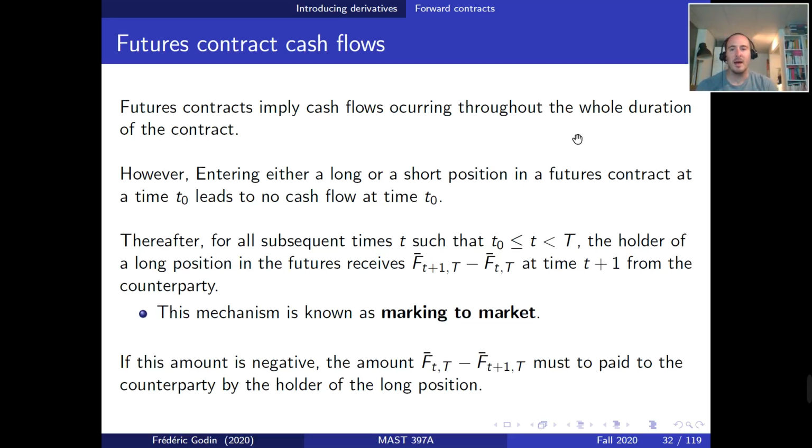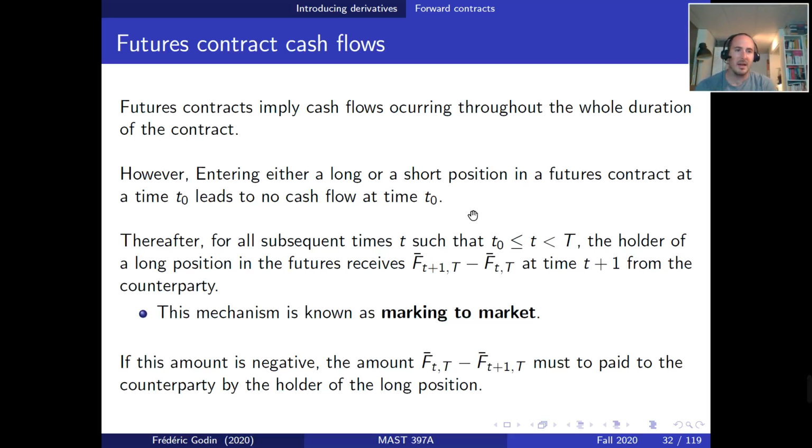However, we will assume that if you enter a futures contract at time t0, so let's say t0 here is the initiation date of the futures contract, at time t0 there will be no exchange of cash flows. And then at all subsequent time steps, there will be exchanges of cash flow. So there will be a continuous stream of cash flows until the maturity date, except at time 0 when you enter into the futures contract.